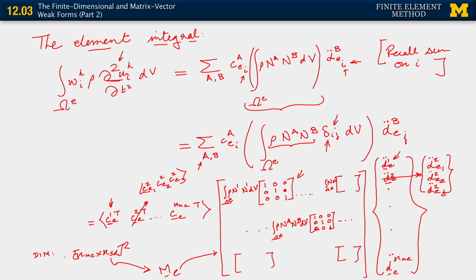The only thing that's different with regard to what we've seen before. Assembly works just as before. Assemble over degrees of freedom. Common degrees of freedom across elements belonging to the same global degree of freedom implies that the corresponding matrix contributions from the neighboring elements add up.